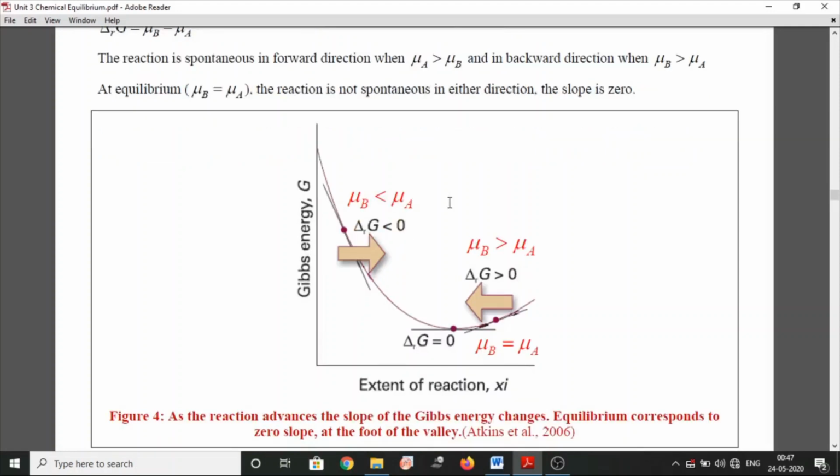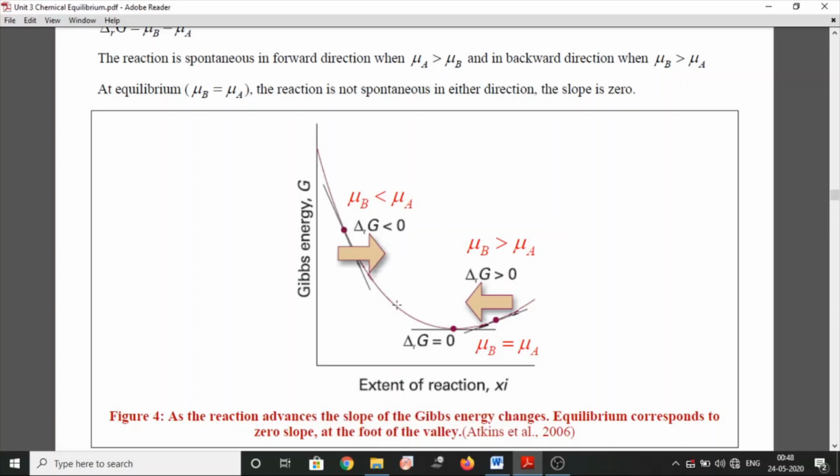To understand this in pictorial form, let's draw a graph showing Gibbs energy and extent of reaction ξ. So what does this graph explain? The y-axis at the left hand side says pure A, and at the right hand side pure B. As more and more A is converted to B, the Gibbs energy decreases.